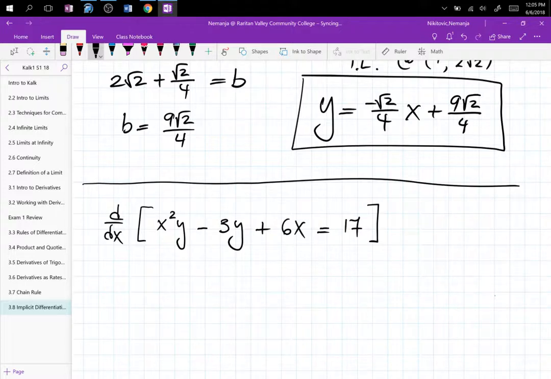Nice. The first term is the product rule. Yes. So you have to do product rule on the first term because it's function x squared times function y.